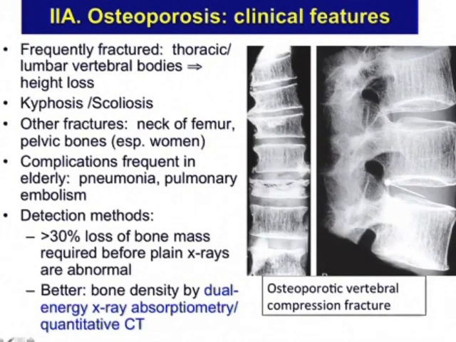But what you see in both of those is going to be the same. The parts of the body that are most affected tend to be the spine, the pelvis, the femoral head. Those are where the process usually starts. So here's a patient who has these compression fractures in the vertebrae, and clinically, they're going to lose height because of that.